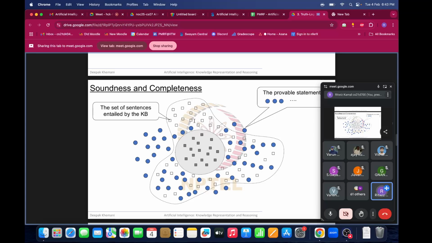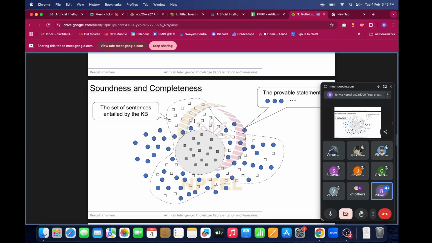Now we have a third logical machinery, let's say, that always derives the 10 necessarily true statements, right? As well as it derives all the 10 true statements, and it does not derive any other statements out of the leftover 5 statements that could be false, right? That machinery would be called sound and complete.